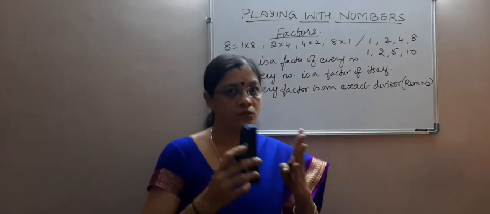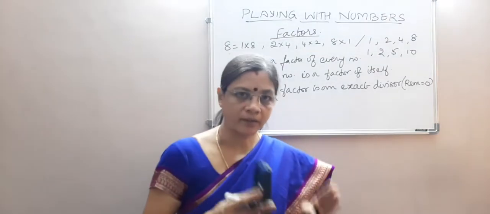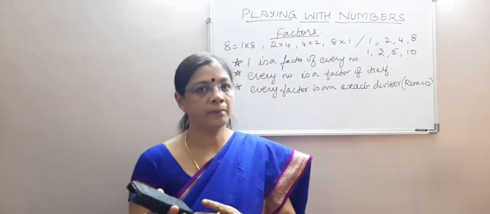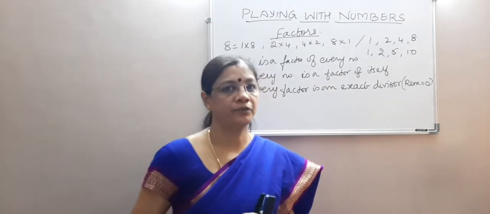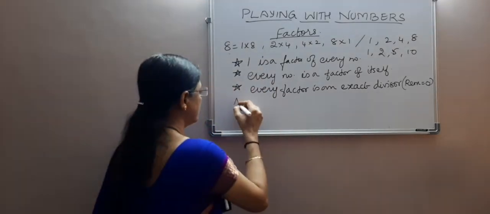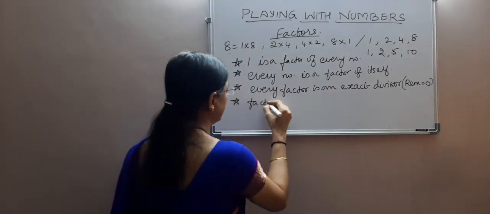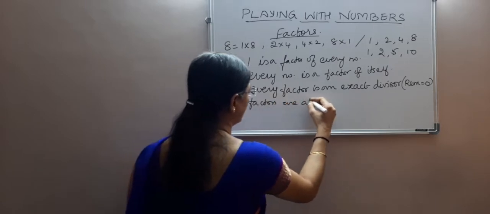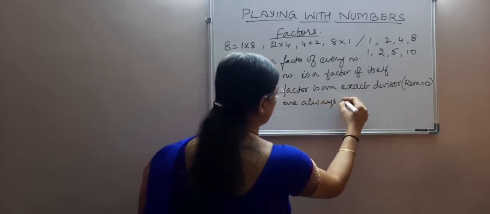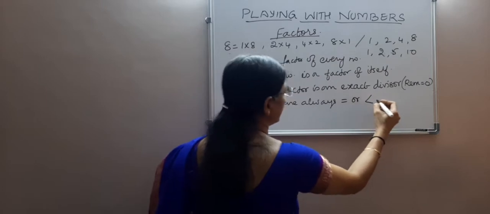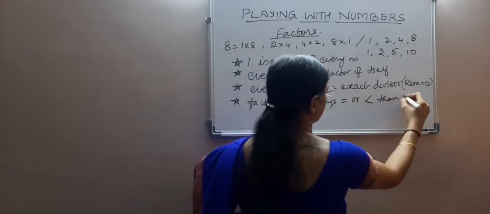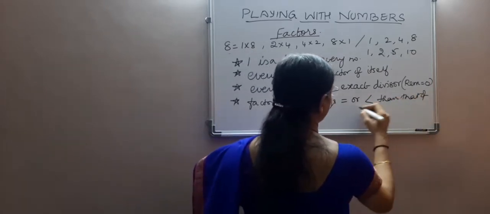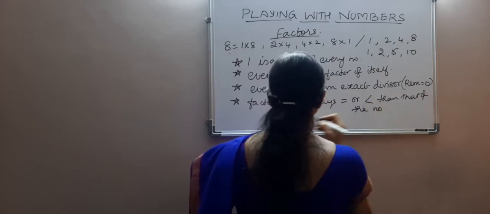When I find the factors of a number, the factors are always equal to the number or less than the given number, isn't it?